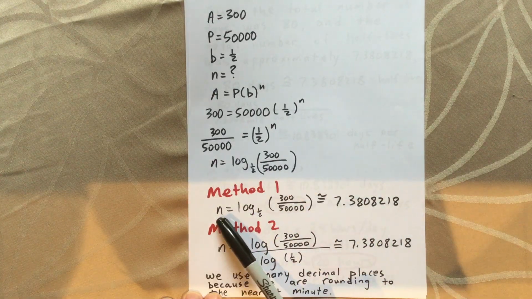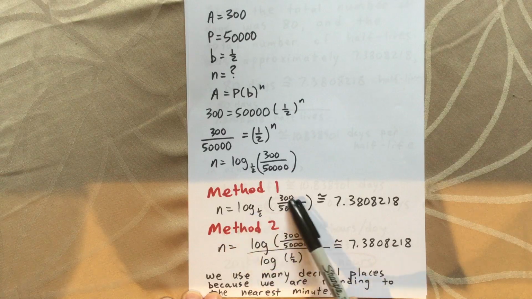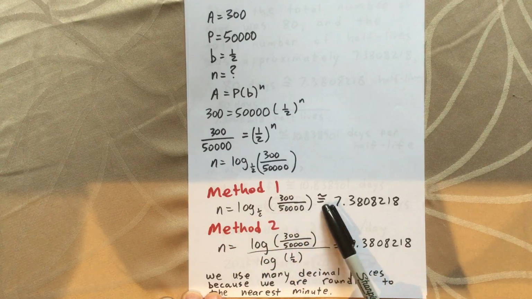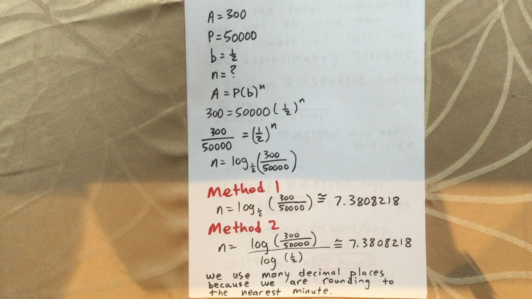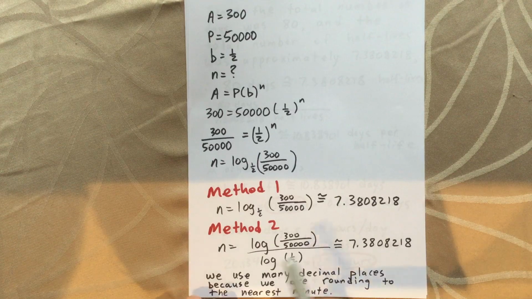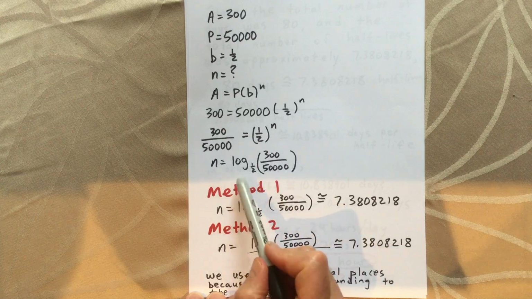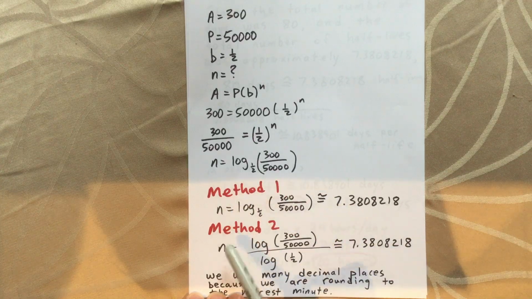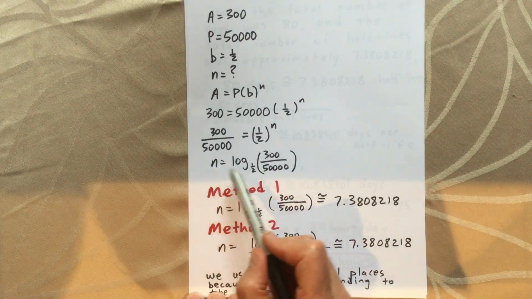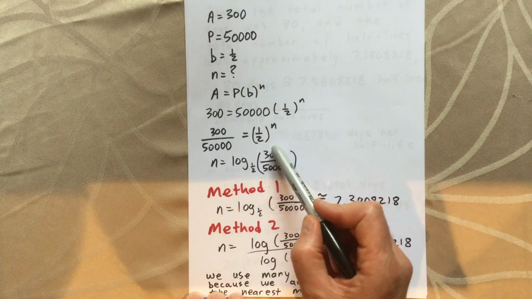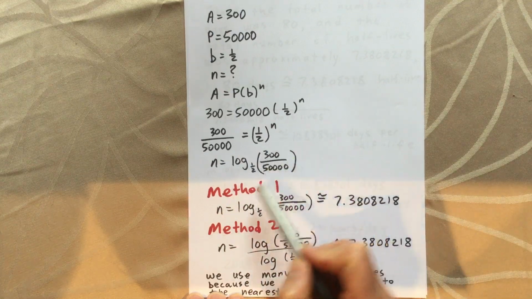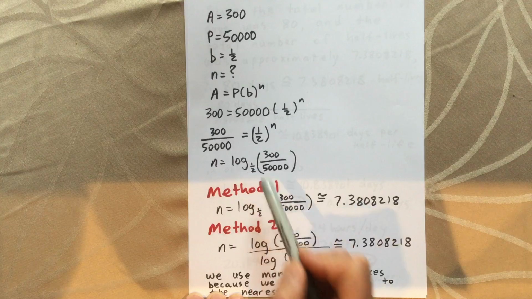Now, if you have a really good calculator, the log base 1/2 of 300 over 50,000 is approximately 7.3808218. If you don't have a great calculator, then you can rearrange this a bit by saying that n will be the log of this quantity divided by the log of this quantity.